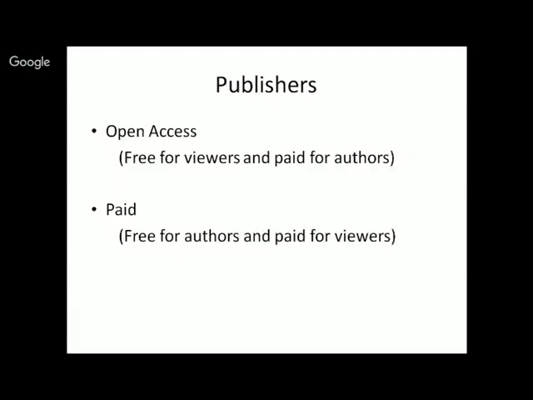Generally, the second category, free for the authors and paid for the viewers, is considered good, because the level of work proposed by various authors in these journals is comparatively good. Moreover, the technology proposed by these authors or scientists is also better as compared to the open access journals.